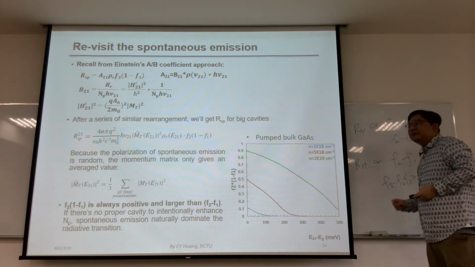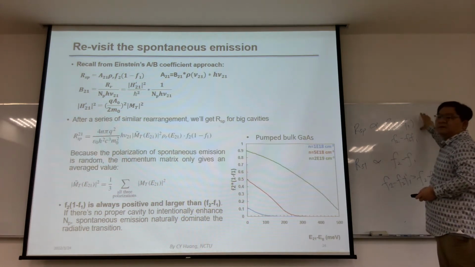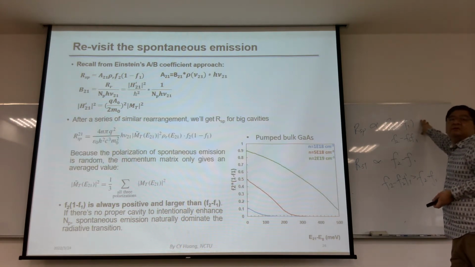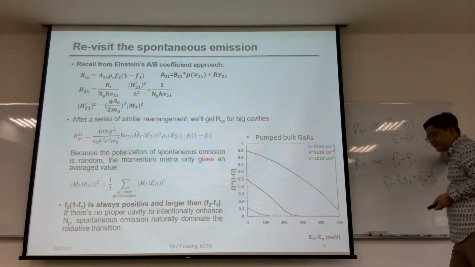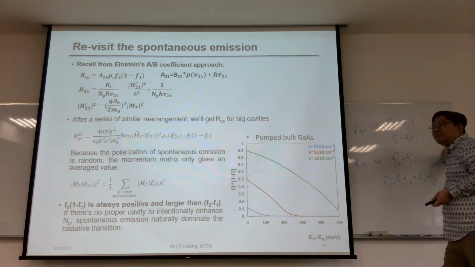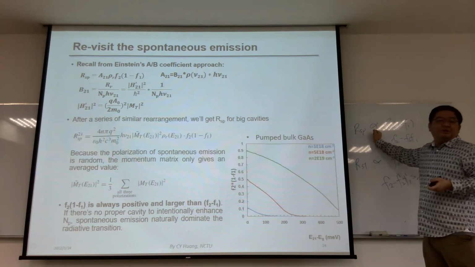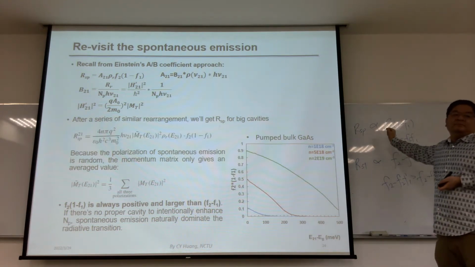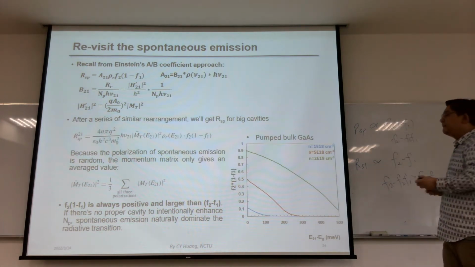So if you are not trying to do anything, this term always has a stronger population factor. The stimulation will always be difficult. So no matter whether you pump it really hard or really low, the spontaneous emission rate should prevail. That doesn't make the stimulation prevail even if you pump it really hard.